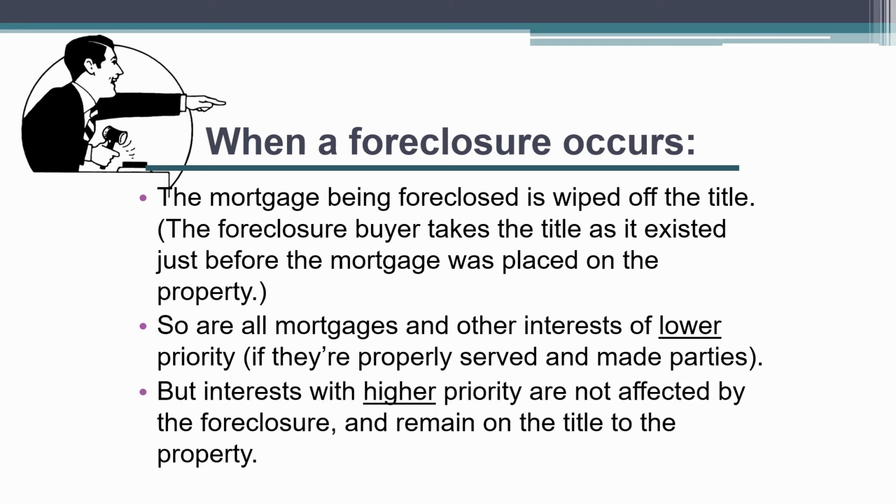But interests of higher priority than the mortgage being foreclosed are not affected by the foreclosure, and they remain on the title to the property. In other words, we can only foreclose downward. We can only foreclose on people who have interests that are lower in priority than the mortgage that we're foreclosing.